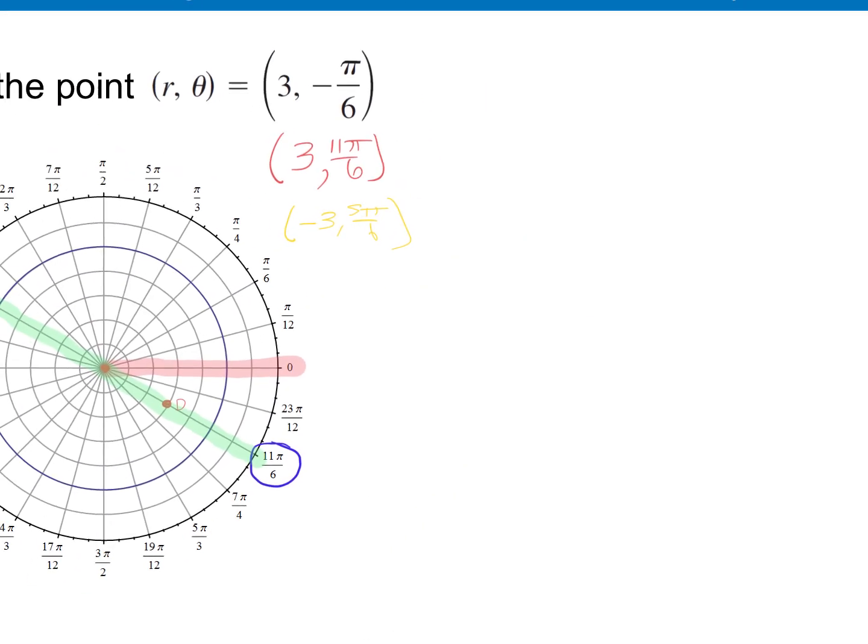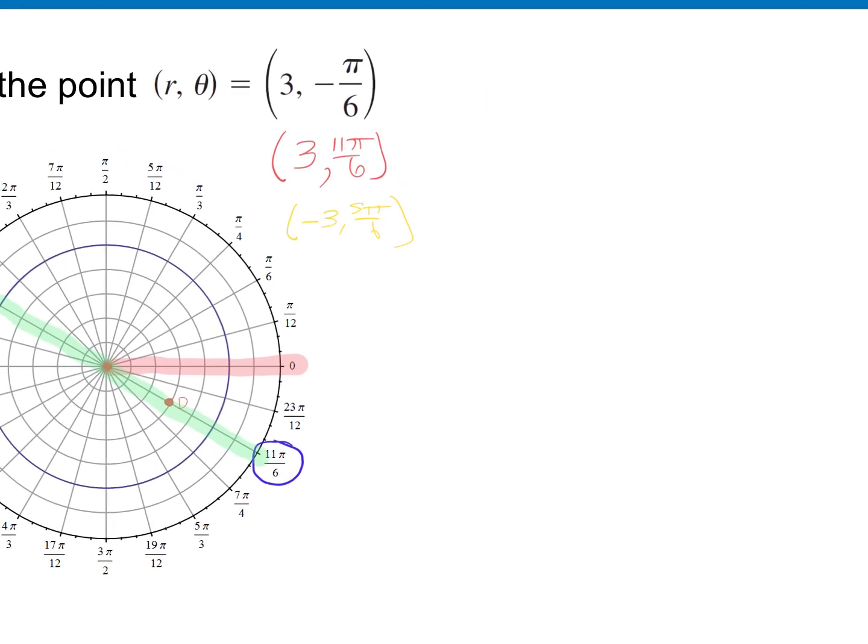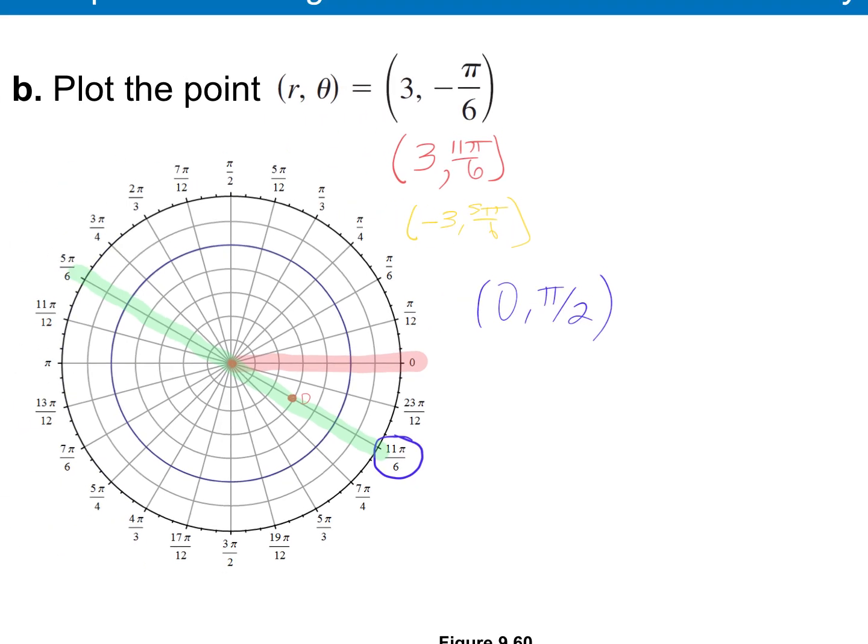So let's talk about some. I'm going to write a couple things down here. What about if you had 0, comma, pi over 2? Where am I looking? I'm looking at pi over 2, but how far do I move from the pole? None. It's just at the pole, like the origin. What about 0, comma, 4 pi over 3? It's still at the pole.